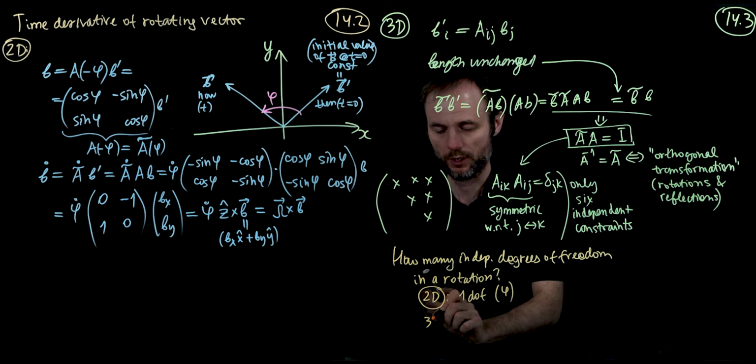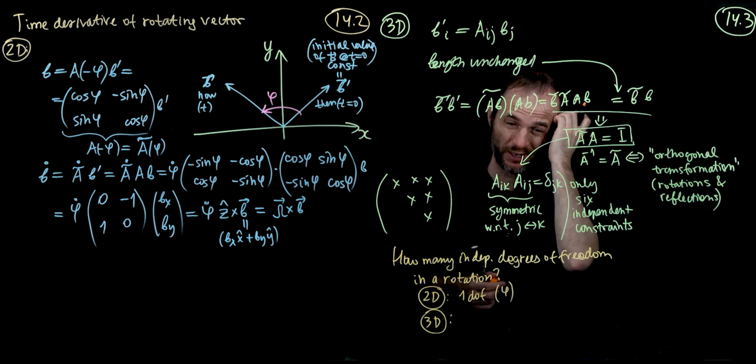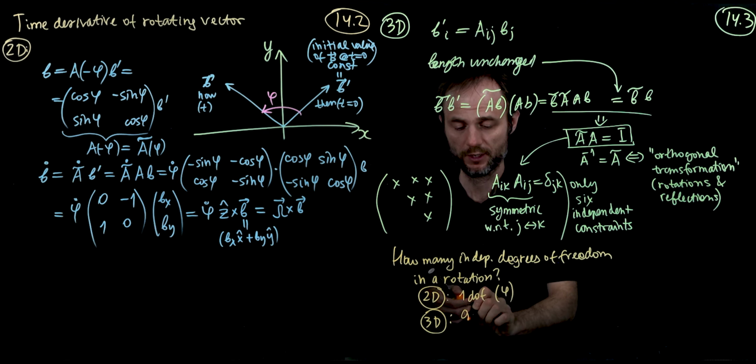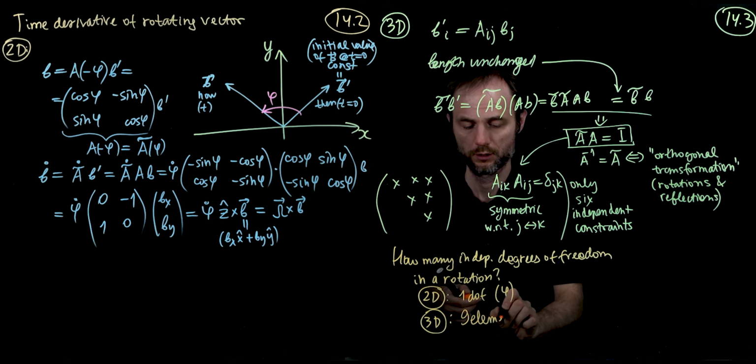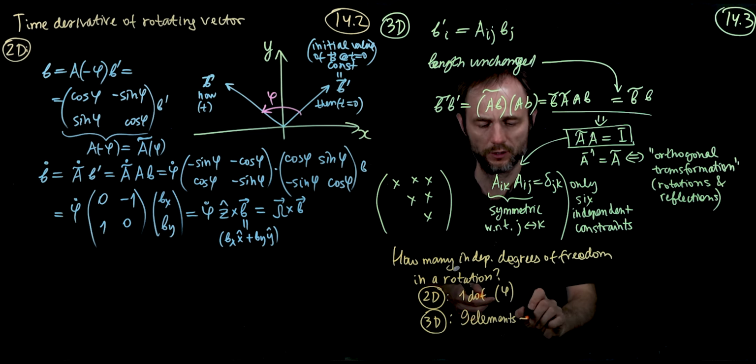How about the 3D case? Well, there, in a rotational matrix, we have 9 elements, but we have 6 independent constraints.